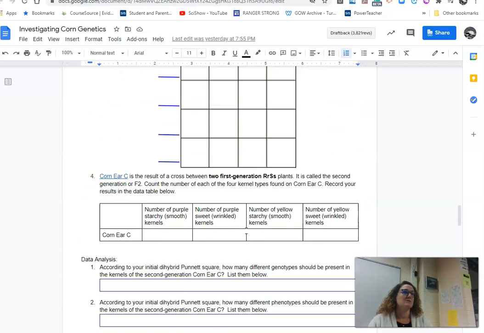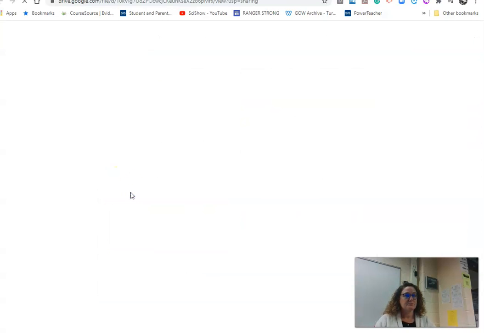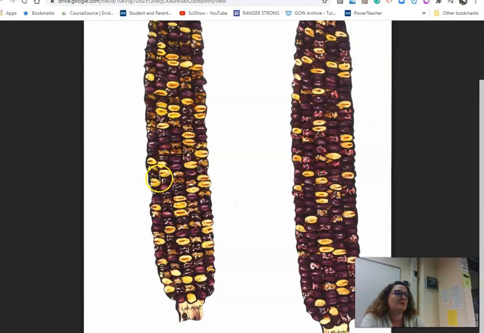So here you're going to do some counting again on corn ear C. And when you're counting, this one you do have to be careful because you're looking at whether they're smooth or wrinkled. So there's that yellow line on the top, and then these are the wrinkled ones that are all shriveled. So these shrively ones that you can't even see are the wrinkled.